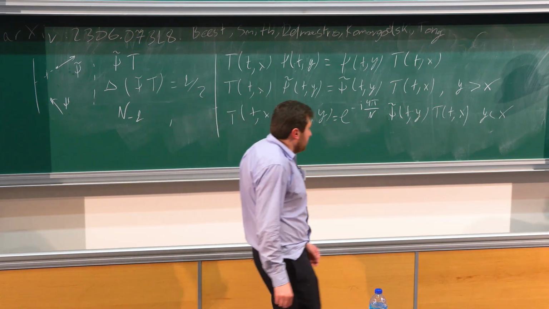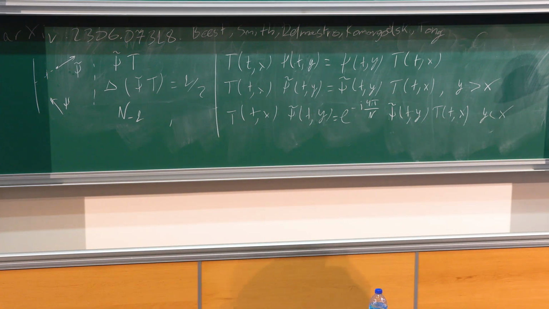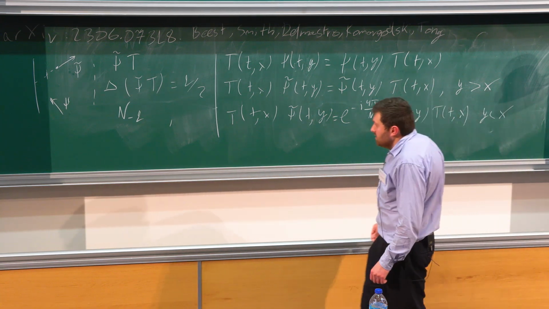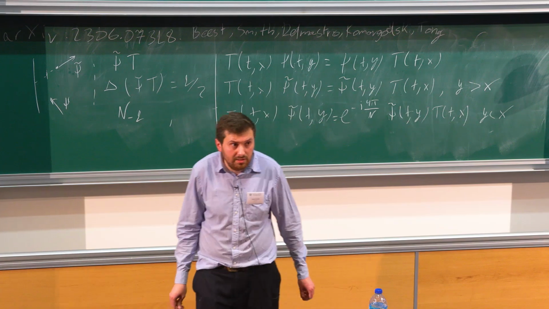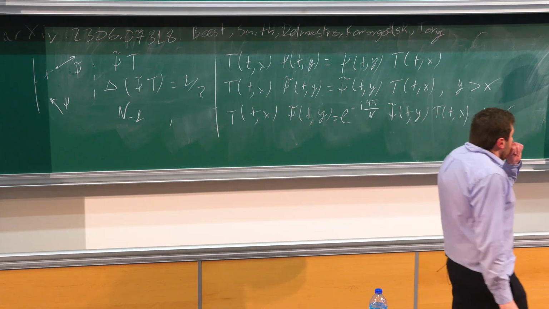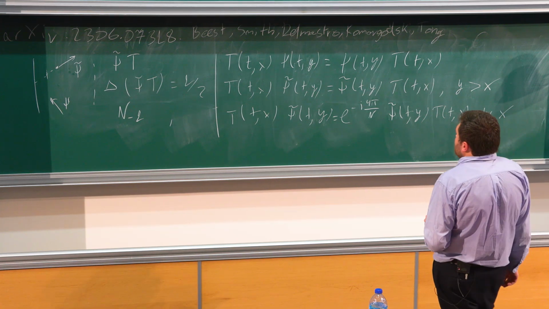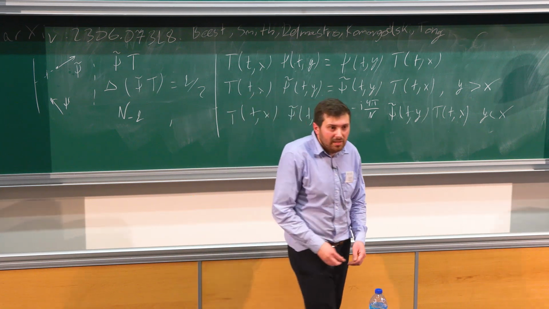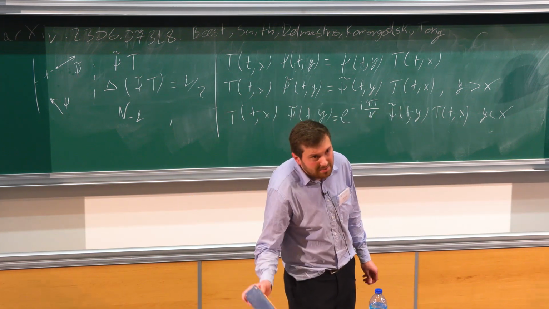To make sure that we are really describing the same physics, we need to find out if there is a twist operator in this theory, and if it has the correct commutation relations. You would probably guess that the first candidate for the twist operator is exponential i alpha. It even sits at the correct place in the operator.